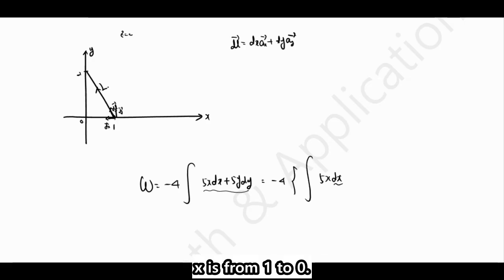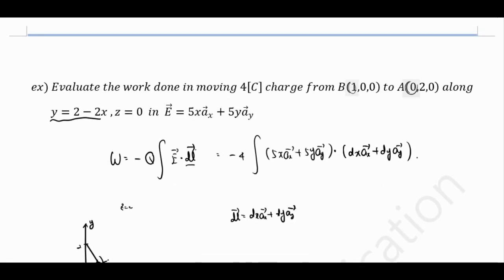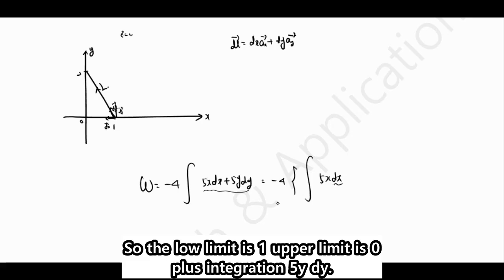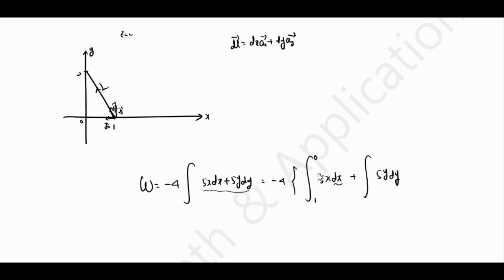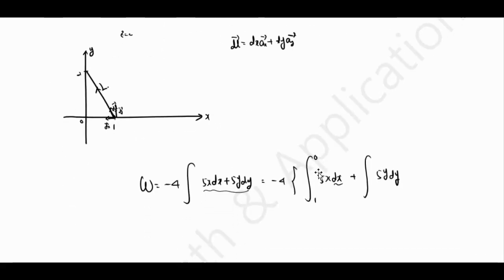X is from 1 to 0, so the lower limit is 1, upper limit is 0, plus integration 5y dy. The lower limit is 0 to 2.